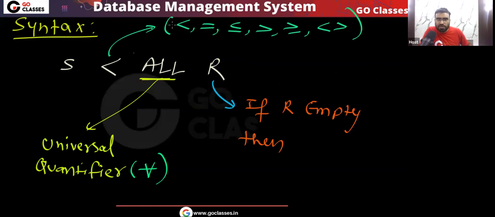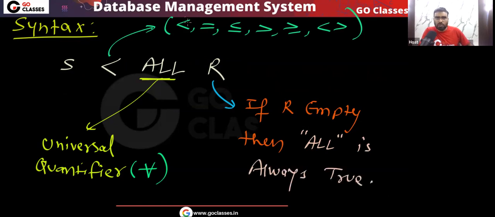Are you getting my point? Everyone will pass because this all will always be true if R is empty. Very simple example.